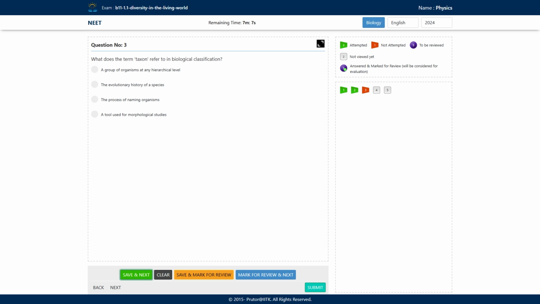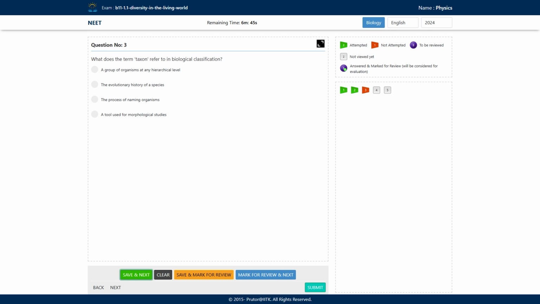Now, let's discuss this question. What does the term taxon refer to in the biological classification? What is the meaning of taxon or taxa? What are the options here? Option A, a group of organisms at any hierarchical level. Option B, the evolutionary history of a species.